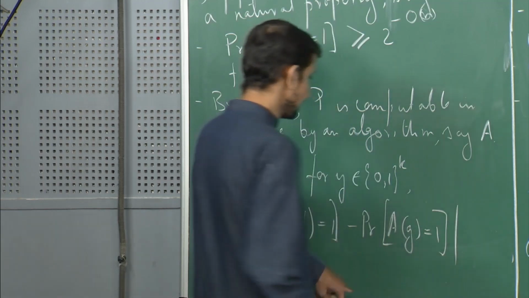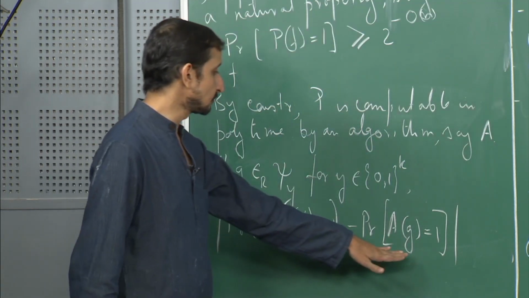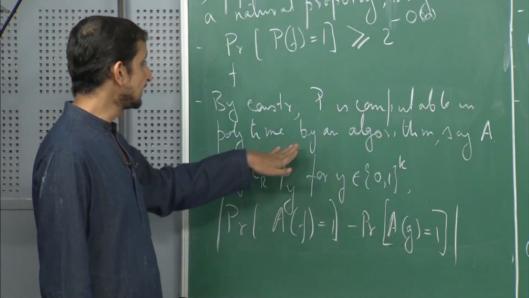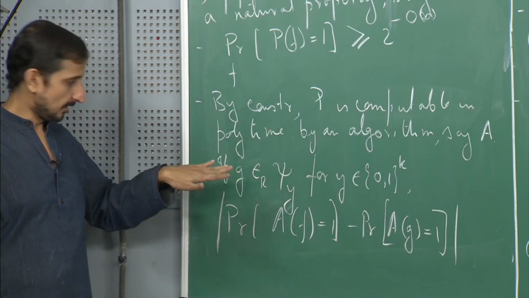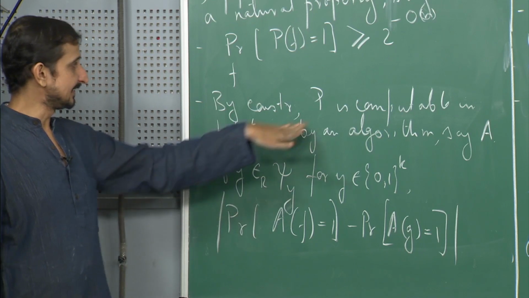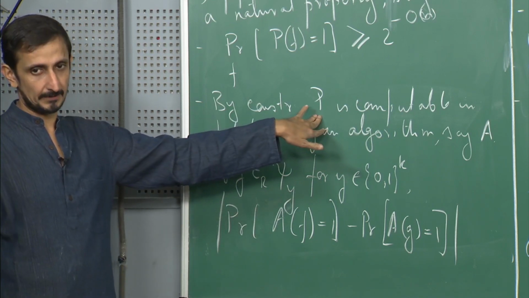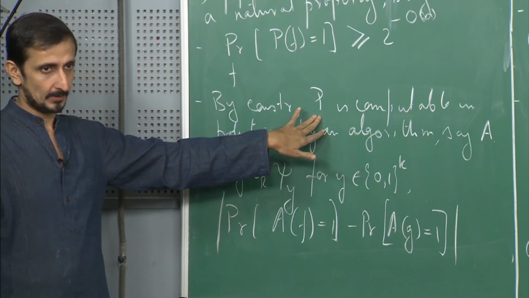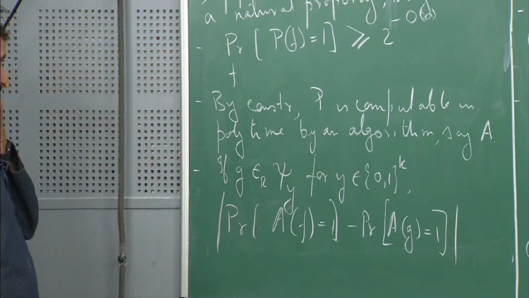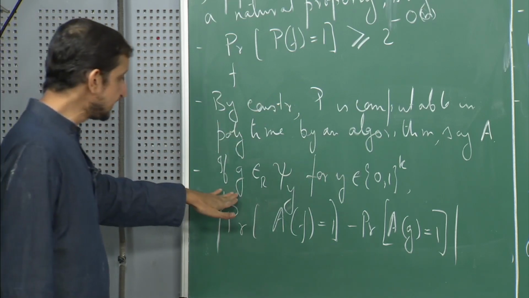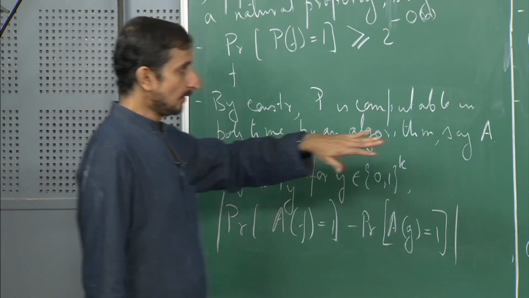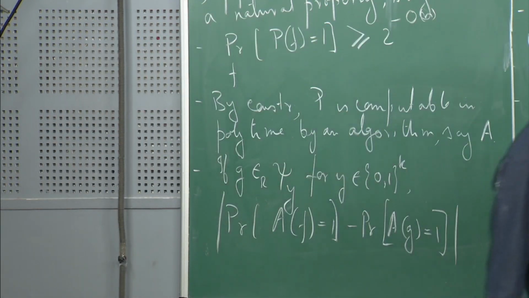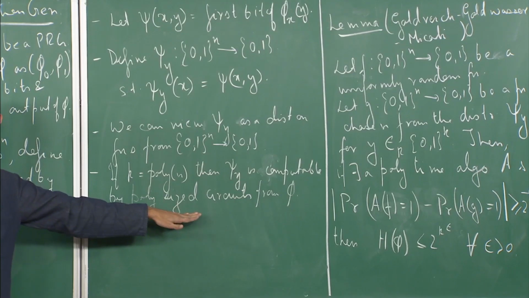Okay, so let's try to understand this. What is this function G? What is P of G? Or in other words, does G satisfy this property or not? So G is chosen from this distribution, and we also argued that any function chosen in this distribution is computable in polytime.